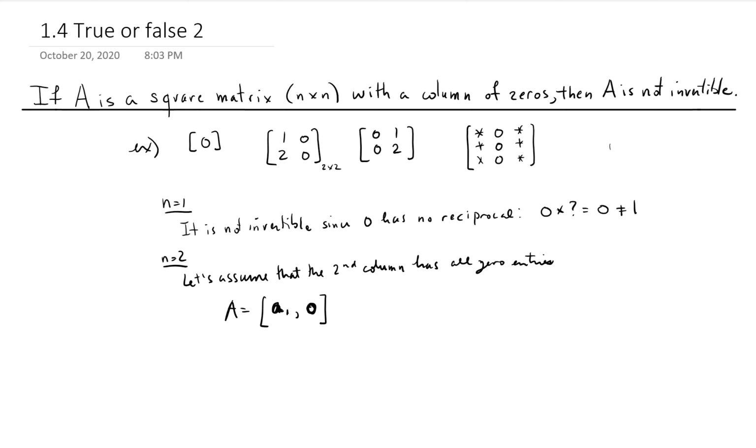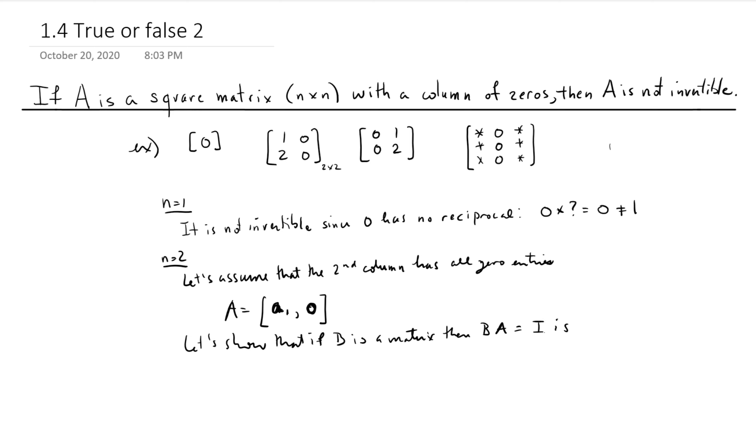And now what I'm going to try to show here is that if B is a 2 by 2 matrix, then BA equal to I is impossible.